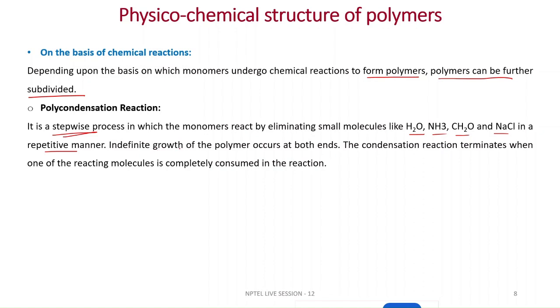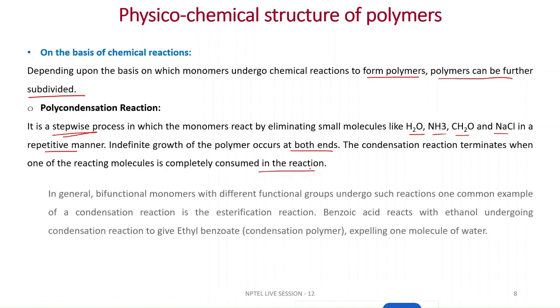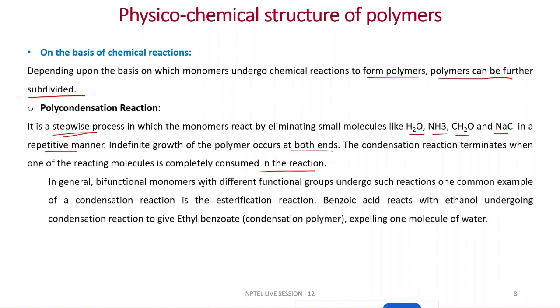So there will be infinite growth of the polymer at both ends, and the condensation reaction terminates when one of the reacting molecules is completely consumed. In general, bifunctional monomers with different functional groups undergo such reactions.